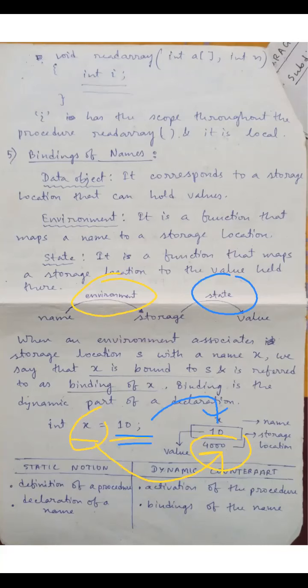So these two terms, environment and state, are frequently used when we work with variables. Environment maps a variable into a location, and state maps a location into the variable value. Okay.